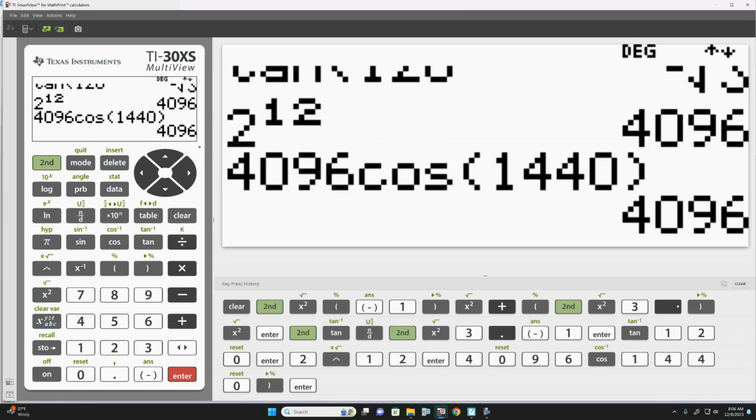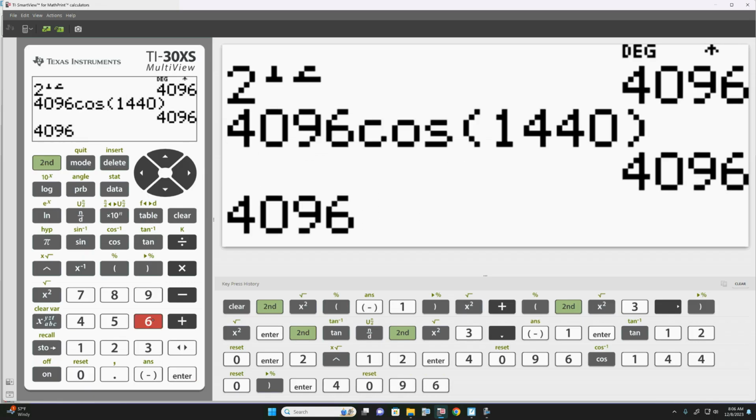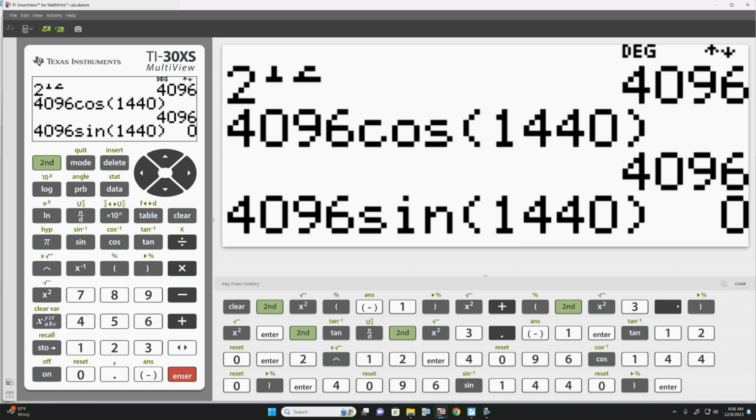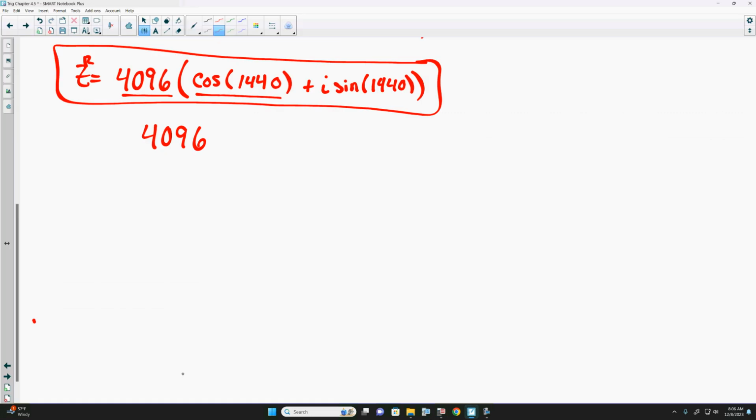We can do the same thing with sine of 1440, which is plus 0i. Thus, the answer is 4096.